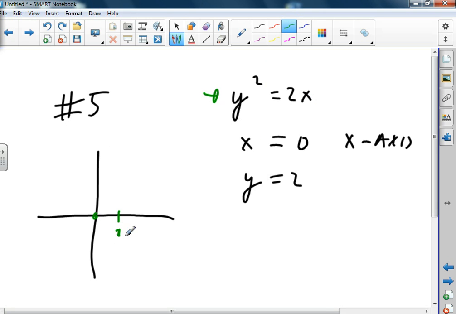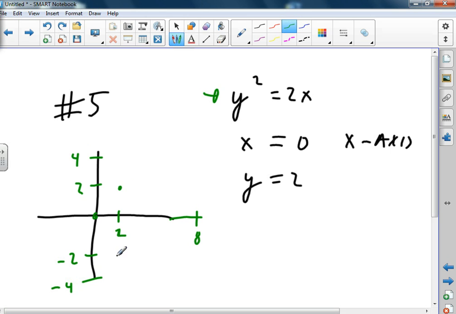When x is 2, y is going to be plus or minus 2. And when x is 8, y is going to be plus or minus 4.